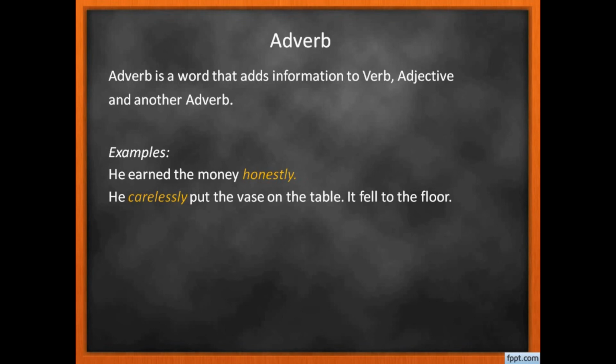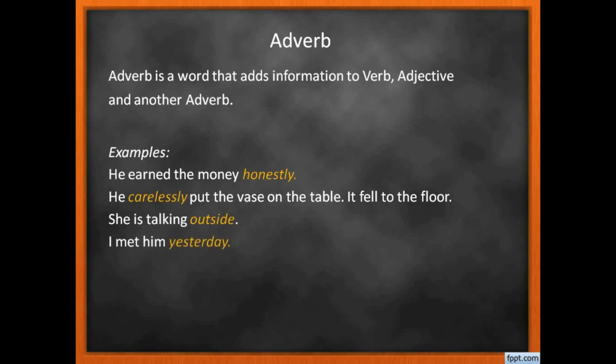The next sentence is, she is talking outside. Here the adverb is outside, and the adverb outside modifies the verb talking. It tells where she was talking. So it tells about the place. Now in another sentence, I met him yesterday.